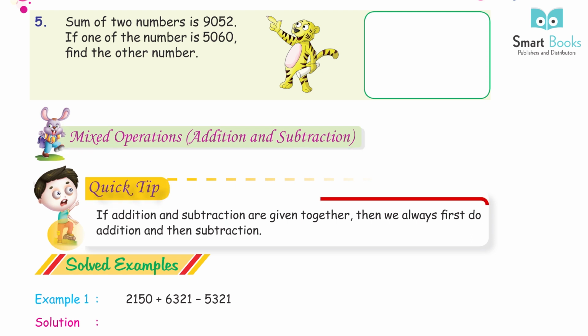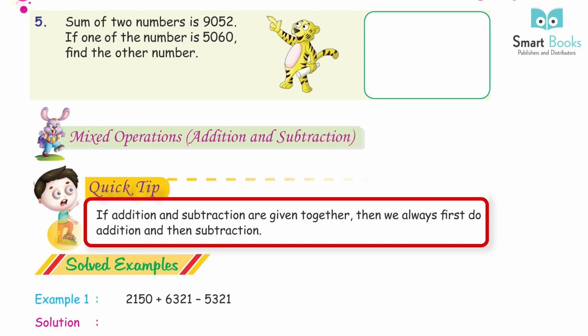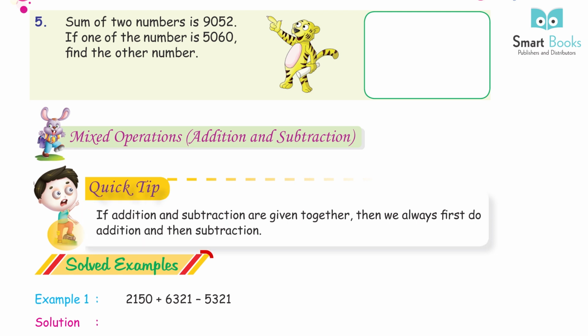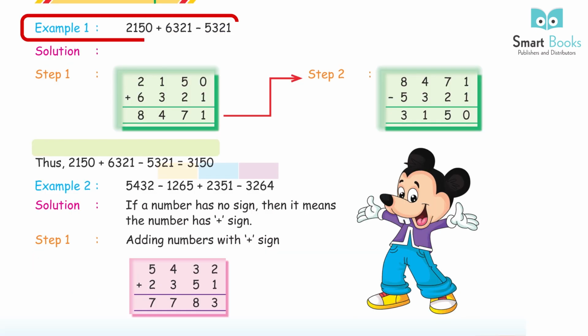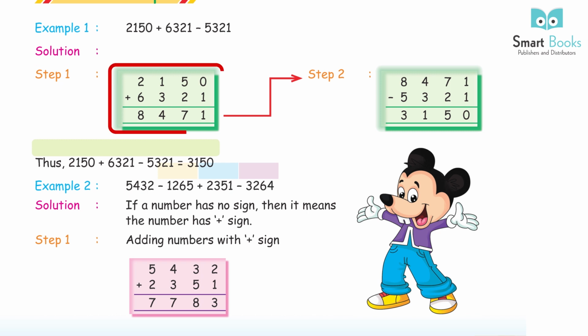Quick tip: if addition and subtraction are given together, then we always first do addition and then subtraction. Solved examples. Example 1. 2,150 plus 6,321 minus 5,321. Solution. Step 1. 2,150 plus 6,321 is equal to 8,471.